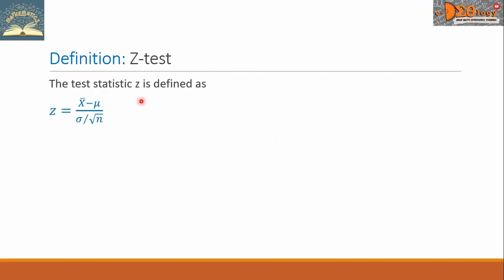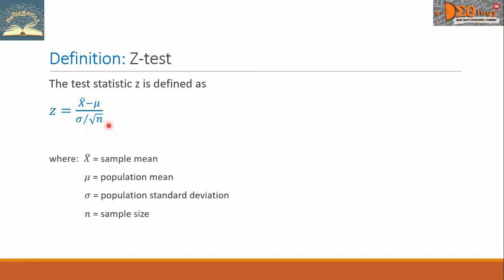The test statistic Z is defined as, the formula is Z equals x bar minus mu all over sigma divided by the square root of n. X bar is the sample mean, mu is the population mean, sigma is the population standard deviation, where n is the sample size.